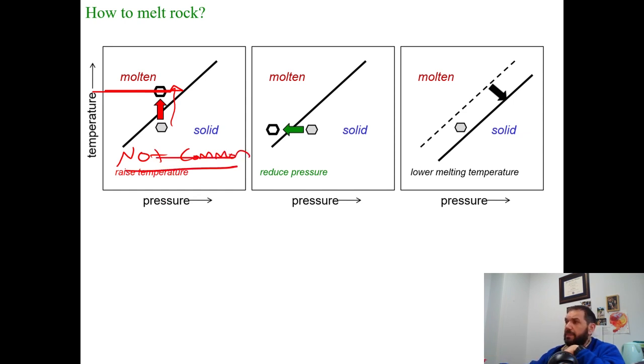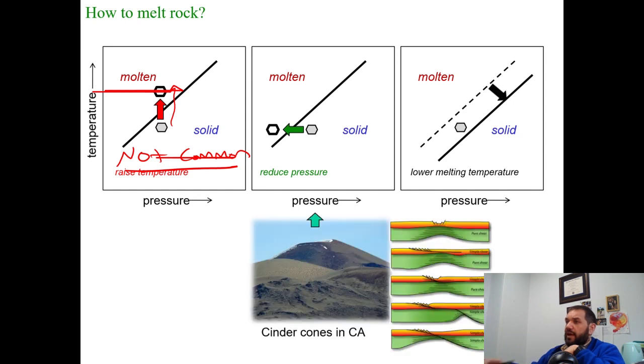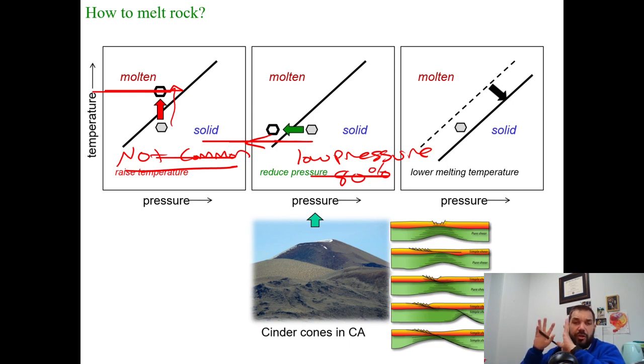You could have melting by low pressure. That is the most common way. 80% of all volcanoes on Earth form from low pressure. Pressure is lowered and it melts the rock.